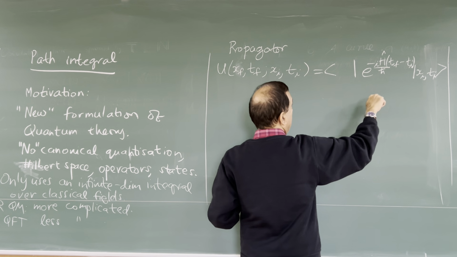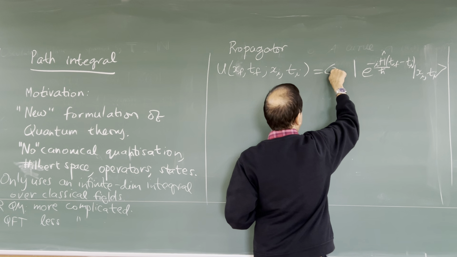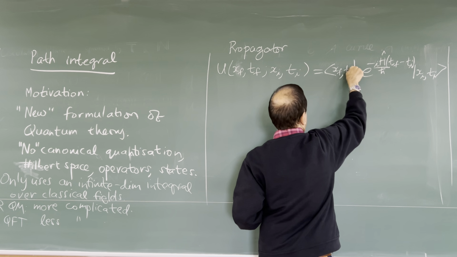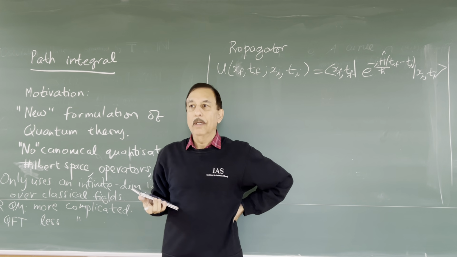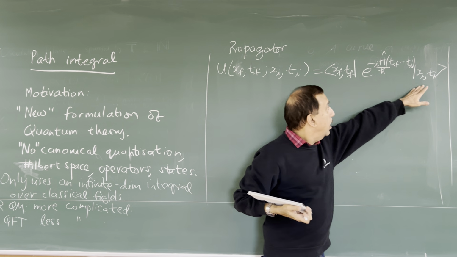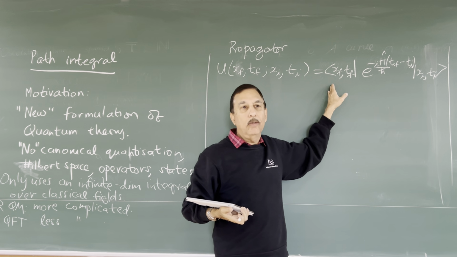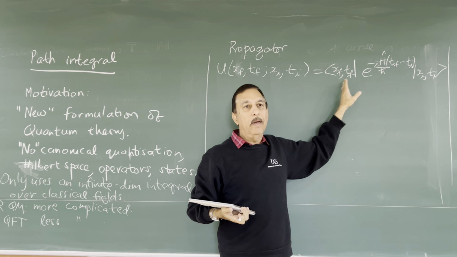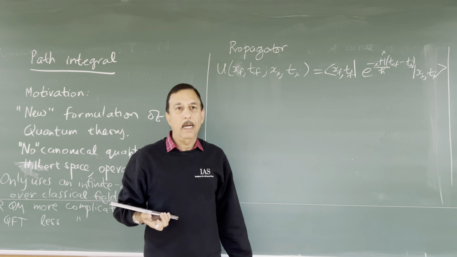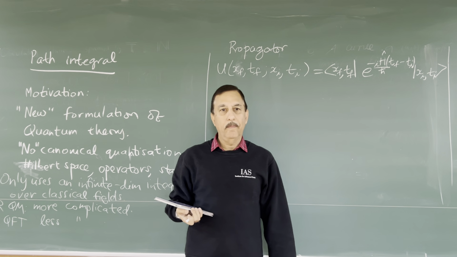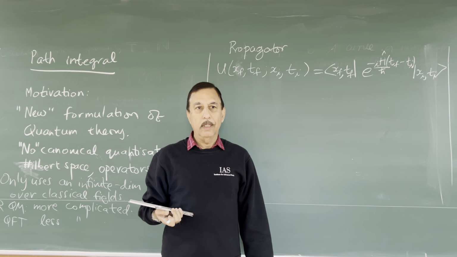And when the state has been evolved for that much time, then I ask the question, what is the amplitude for it to be found at the point xf? So therefore I take this state, I evolve it, and then I project onto that state, thereby taking the matrix element of this unitary operator, and this is exactly the propagation amplitude. No questions about this.